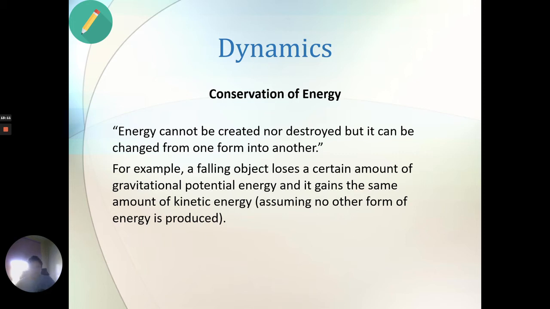So for example, if a falling object loses a certain amount of gravitational potential energy, it will gain the same amount of kinetic energy, assuming there's no friction or no other form of energy is produced.